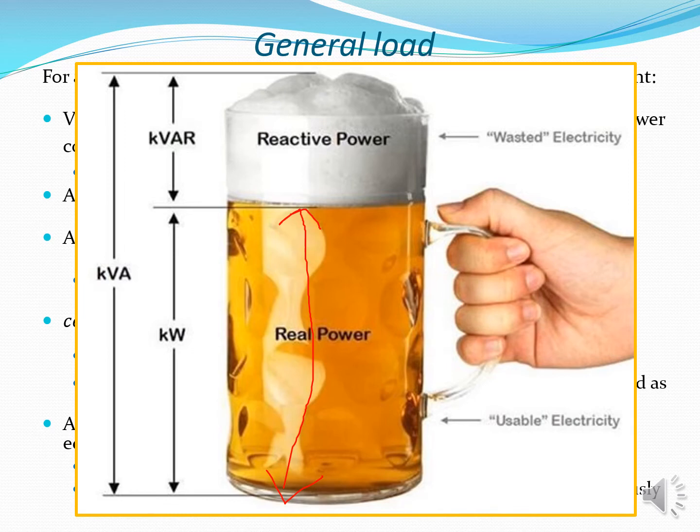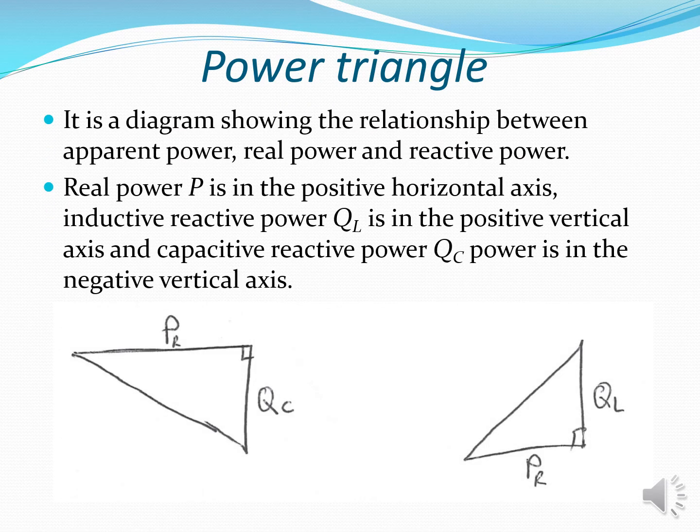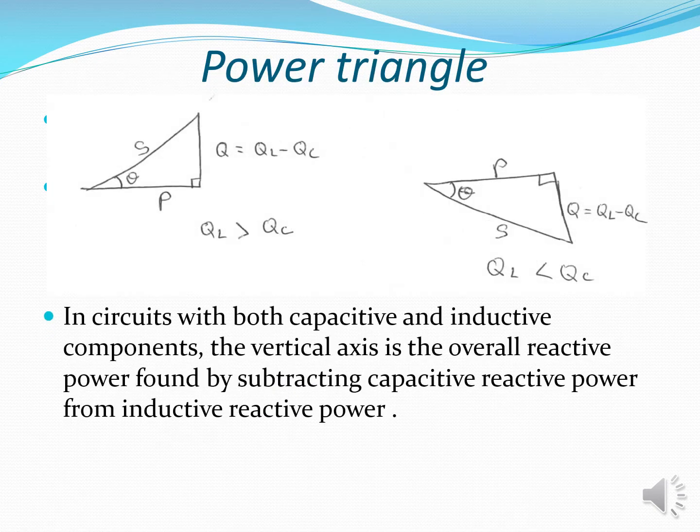This is the reactive power, which is just circulating, and we can say it's actually wasted electricity. But then what seems to be the whole power consumed by the load is the full length of that component. That we can draw our power triangle, where we have the real power and the reactive power, and then this becomes our apparent power.